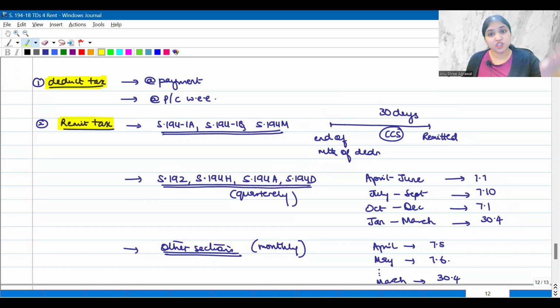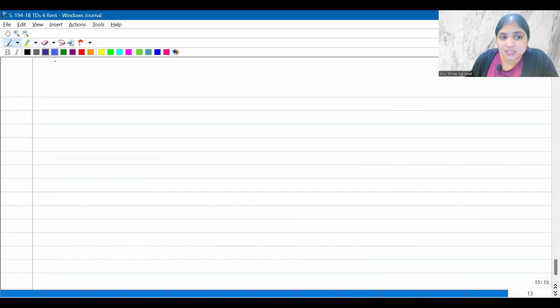And for all other sections, monthly he will remit the tax, that is by 7th of the next month. But keep in mind, for the last month and for the last quarter, you will get extra time. Then coming to the third responsibility of the deductor, he also has to file the TDS return, guys. The TDS return, which is also called the TDS statement.